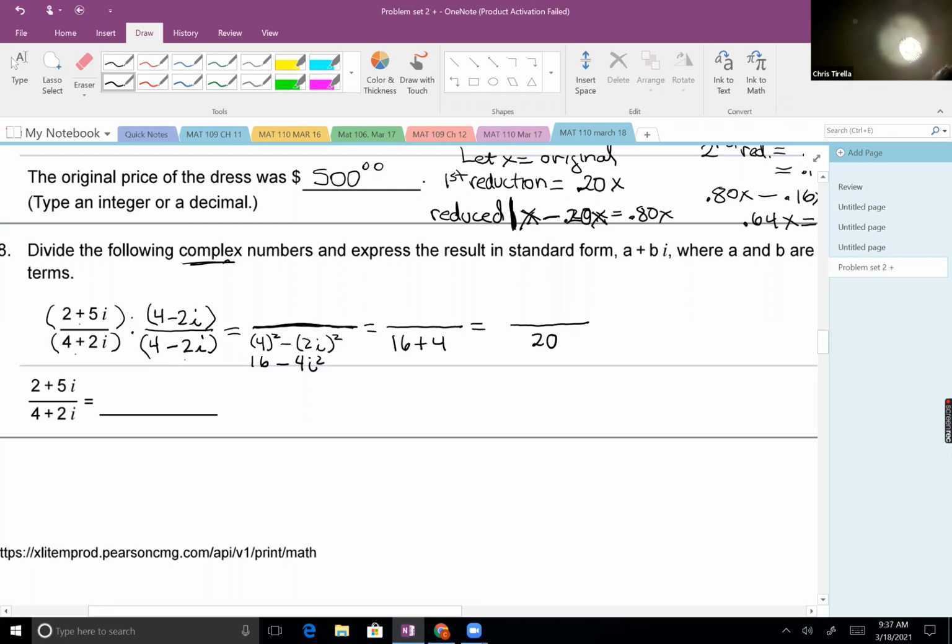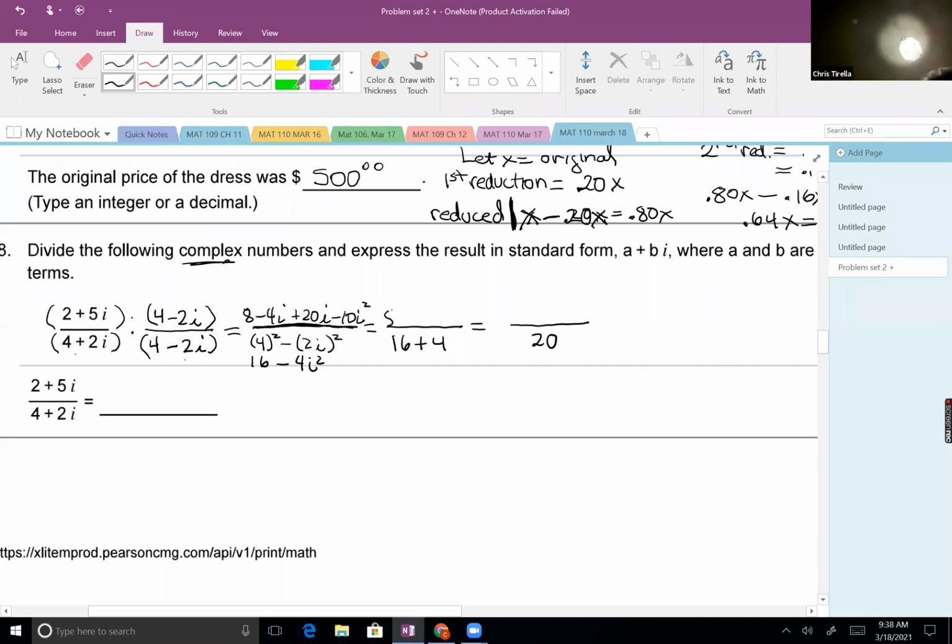With the numerators, though, it's not that easy. They're not conjugates, so we have to multiply that out. To do that multiplication, I know some folks think of repeated distribution, and some folks draw a box each time. I'm kind of old school, I FOIL. Either way, you should get that 2 times 4 is 8, 2 times minus 2i is minus 4i, 5i times 4 is 20i, and 5i times minus 2i is minus 10i squared.